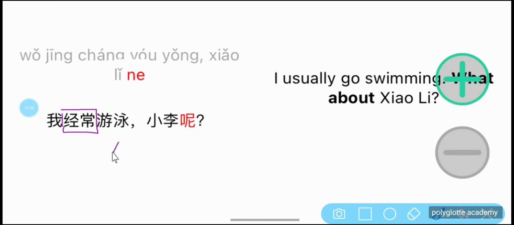Let's write this character, 经常. 经常 means often, usually. Then we have 游泳. We've written this character before.